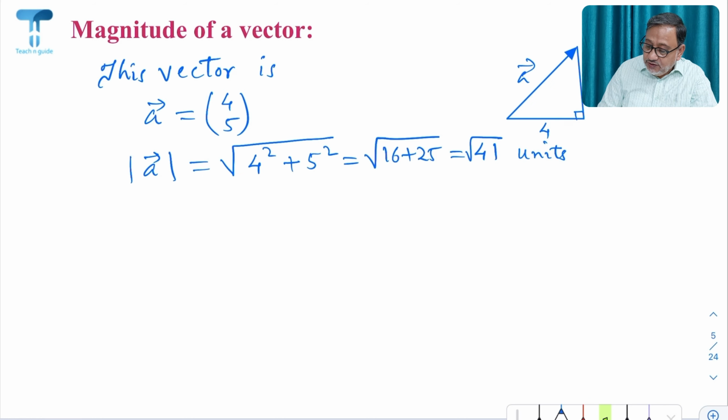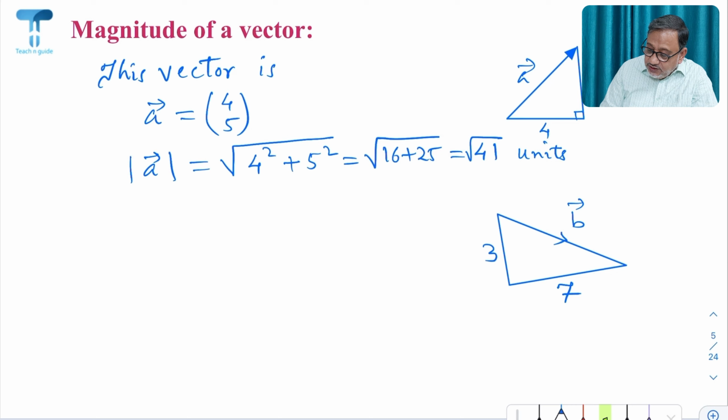I will write another one. This is another vector B. Now let me draw its x and y components. Suppose this is 7 units in the direction of x and 3 units down in the direction of y-axis.